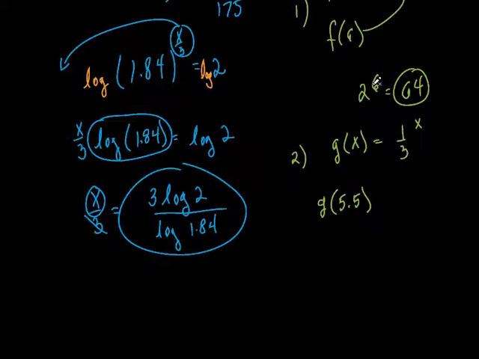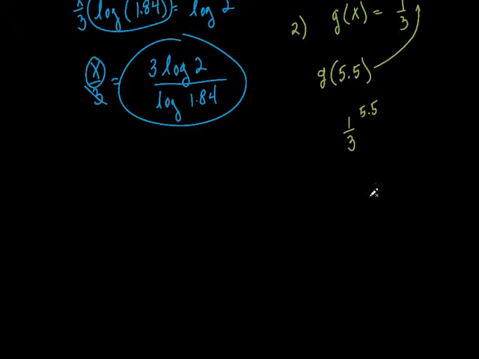You would have done 2 to the 6 in your calculator anyway, most of you. On this one, it's 1/3, and I'm putting that 5.5 in for the x. So it's 1/3 to the 5.5 power.